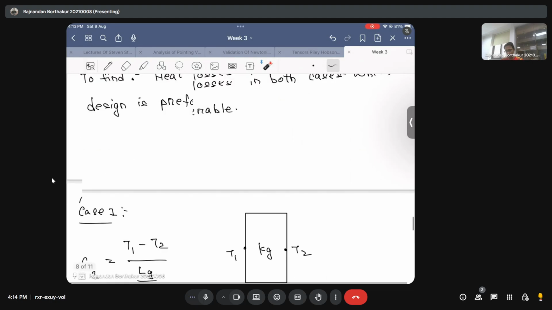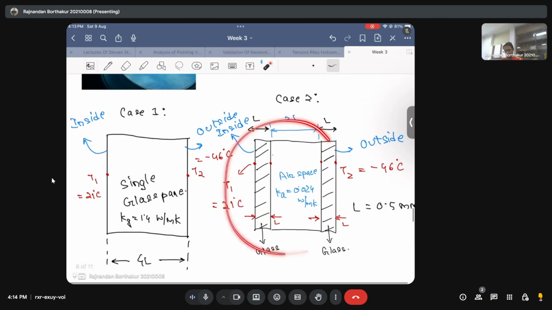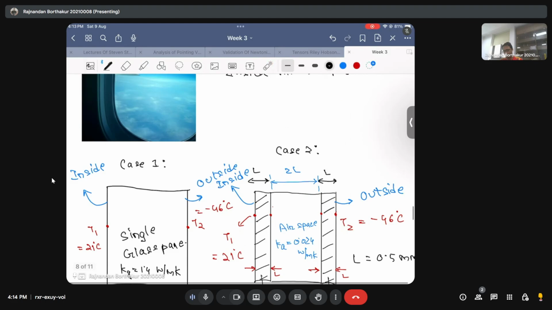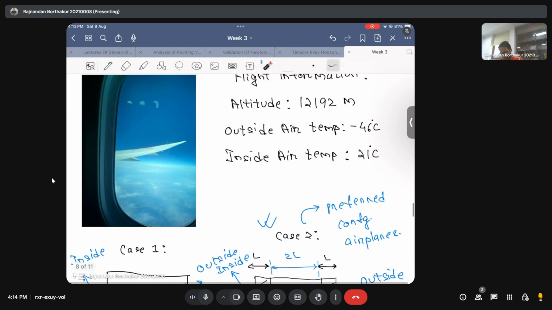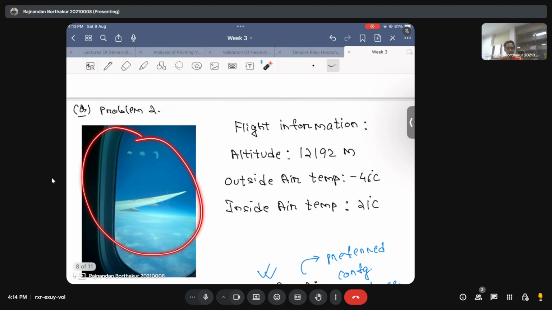Okay, and this is typically the reason why this configuration is preferred. The second configuration is the preferred configuration. This is the preferred configuration for airplanes.